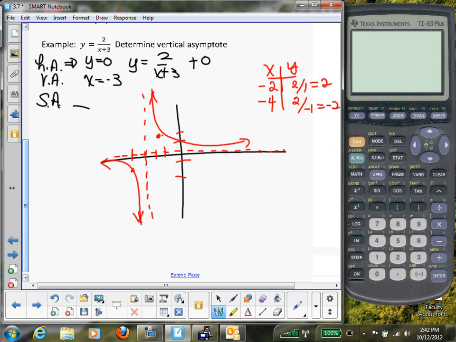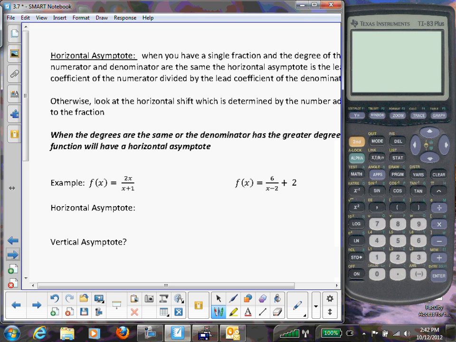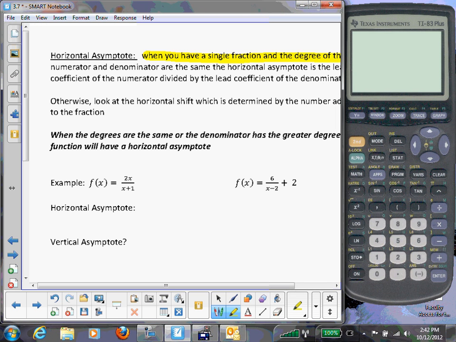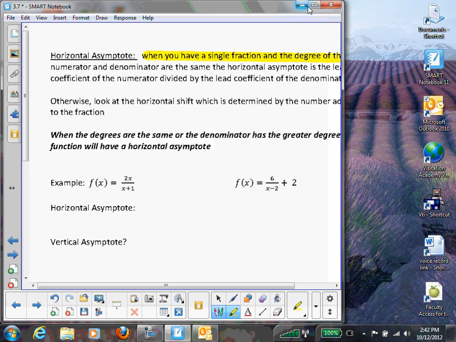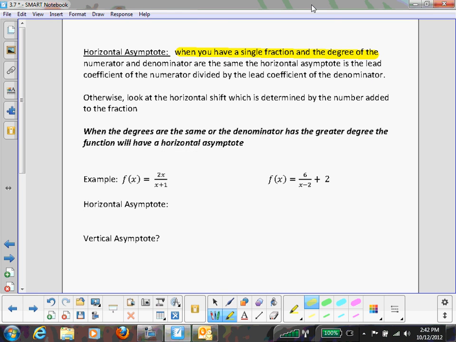All right, horizontal asymptotes. There is another thing that you have to consider in a horizontal asymptote. When you have a single fraction and the degree of the numerator and denominator are the same, the horizontal asymptote is the lead coefficient of the numerator divided by the lead coefficient of the denominator.